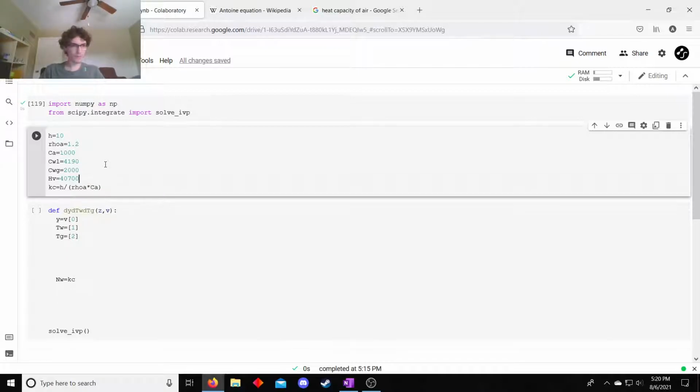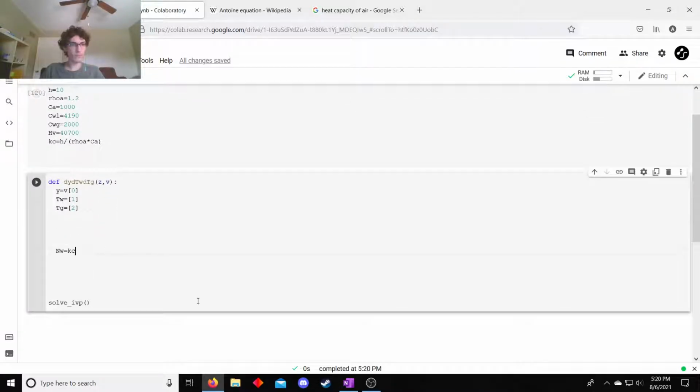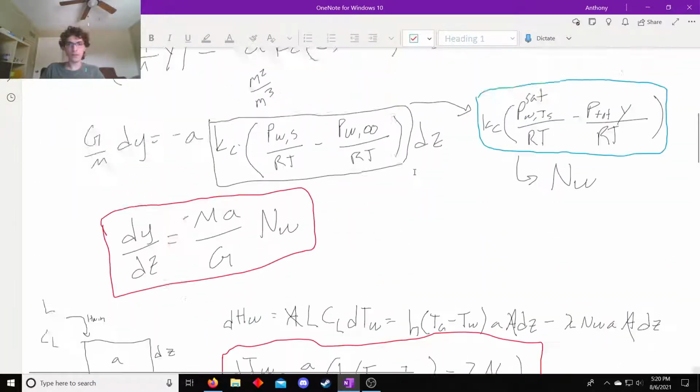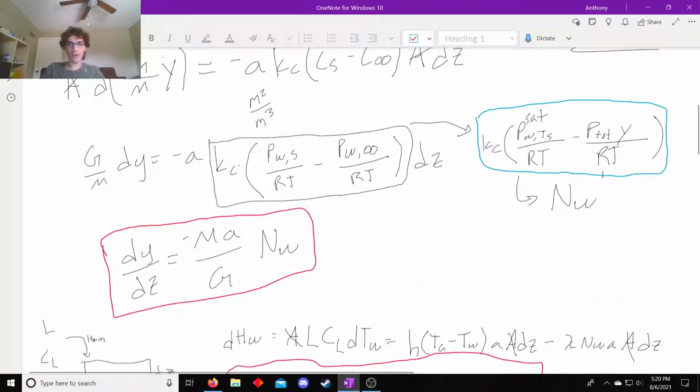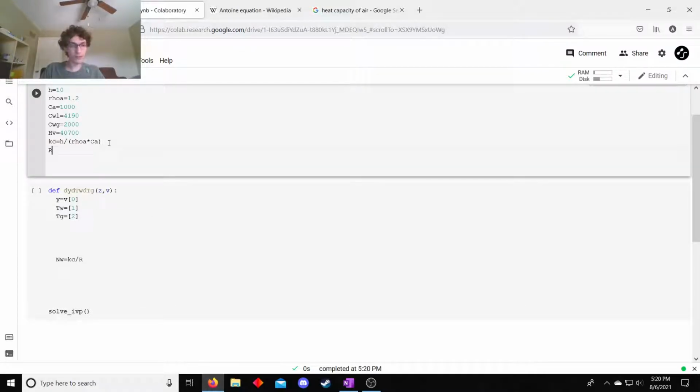So it looks like we have H, the density of air, and the heat capacity of air, so that is fine. So we have Kc divided by RT. I'm going to pull RT out. So divided by R, we're going to need to define R. We'll do that in joules.